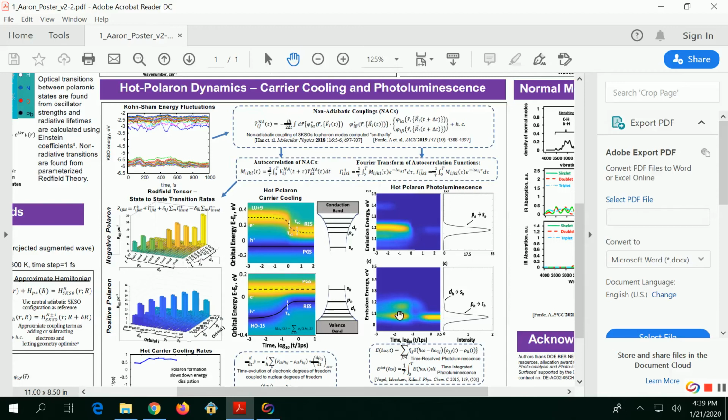In this figure, we create a hot electron polaron and let it cool to what in the literature is sometimes referred to as the relaxed edge state. It's the next highest polaron state before going to the ground state. We do those for both the positive and negative polaron.